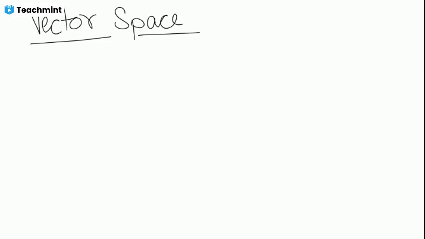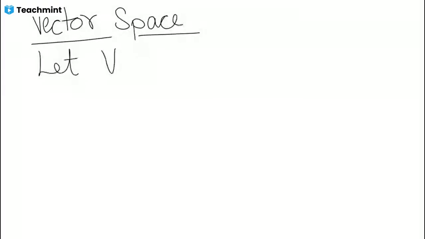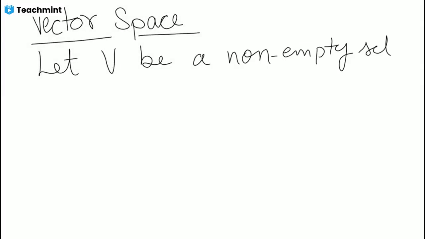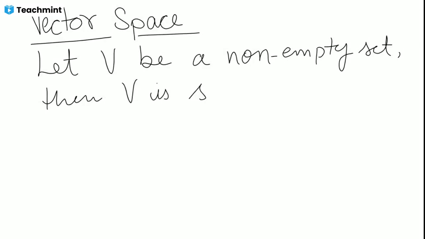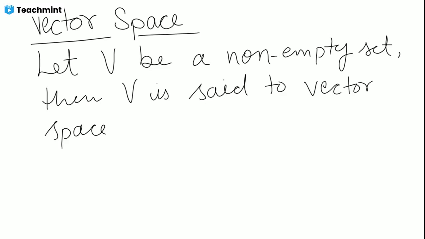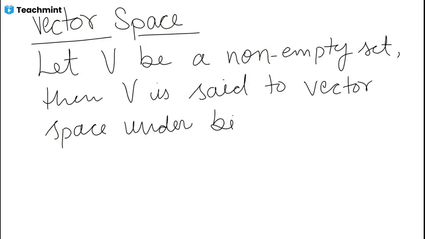The definition of vector space is: let V be a non-empty set. Then V is said to be a vector space under operation, or you can say under binary operation.